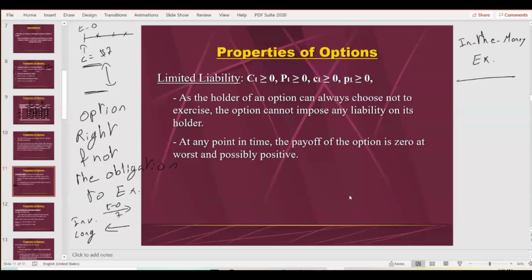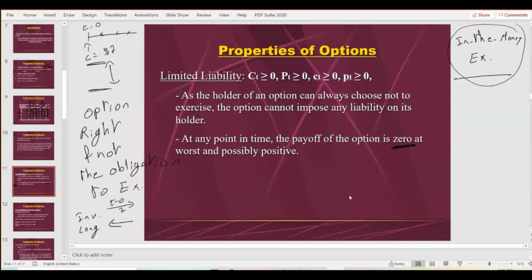The option is not exercised. In this case, the option holder will receive 0. However, if the option is in the money, there may be a positive payoff. For that reason, option values are always greater than or equal to 0.